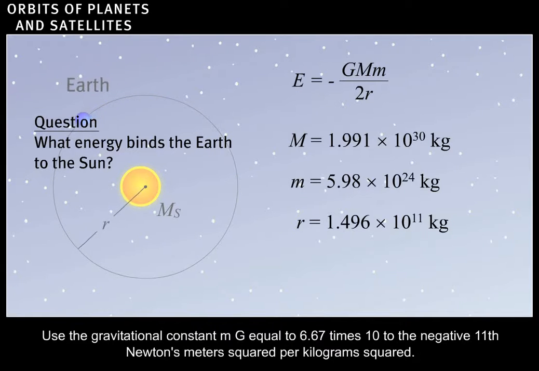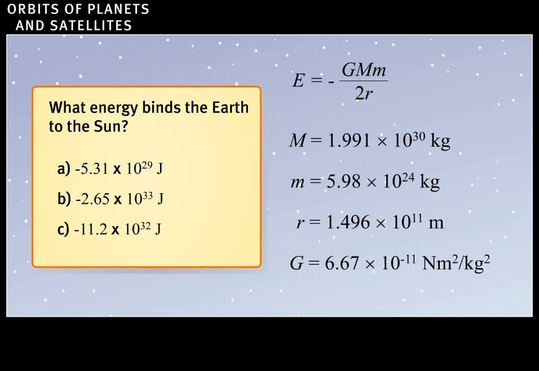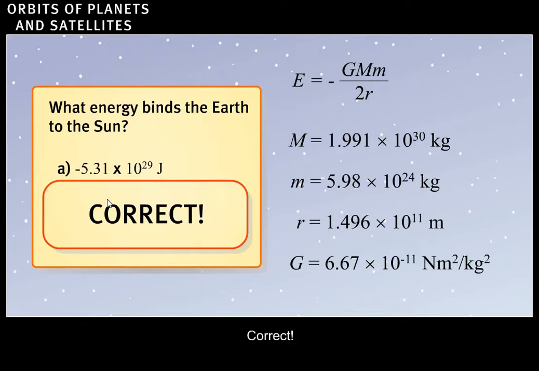Use the gravitational constant G, equal to 6.67 times 10 to the negative 11th newton meters squared per kilogram squared. Correct.